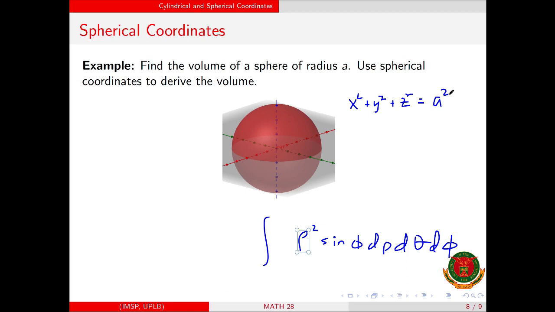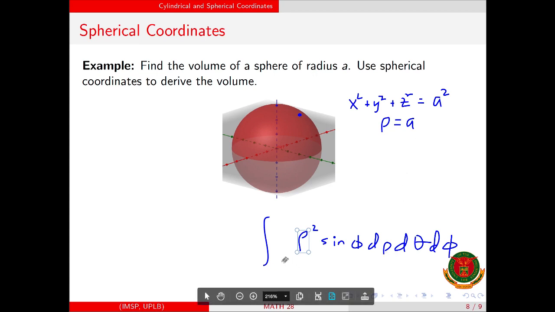In spherical coordinate system, this is given by rho equals a. Meaning to say, any point of the sphere has a fixed distance from the origin, and that is given by rho equals a. Therefore, the bounds for rho is 0 to a.